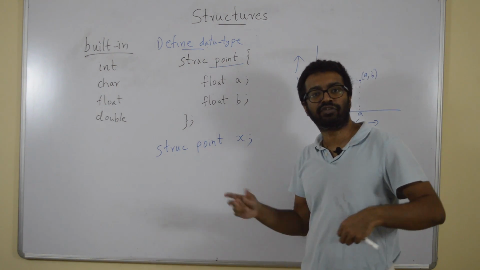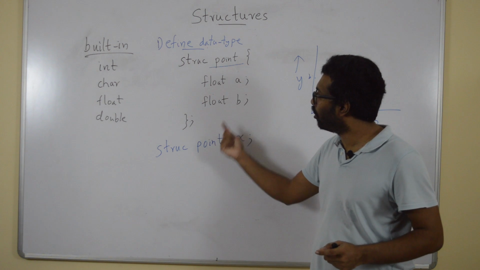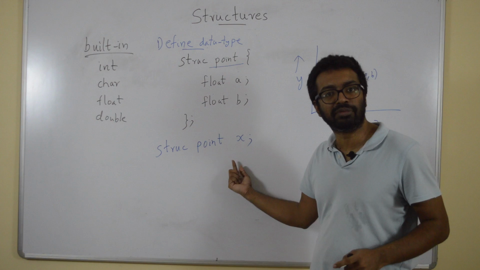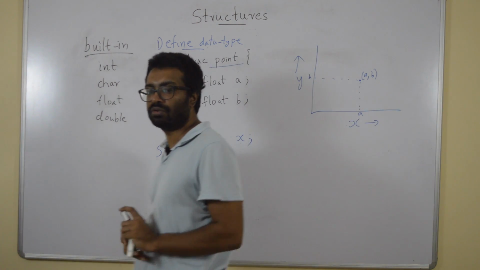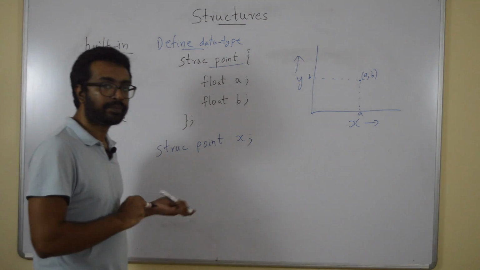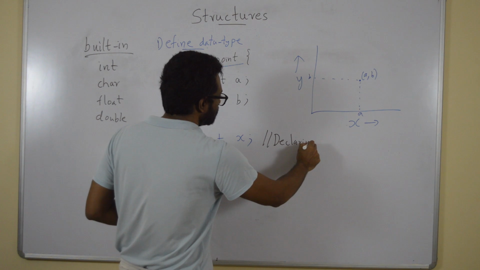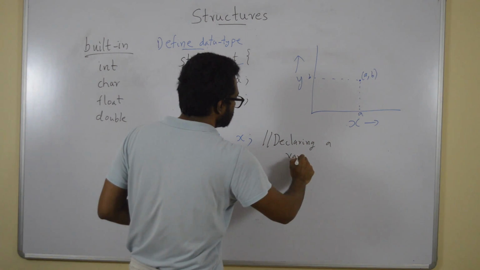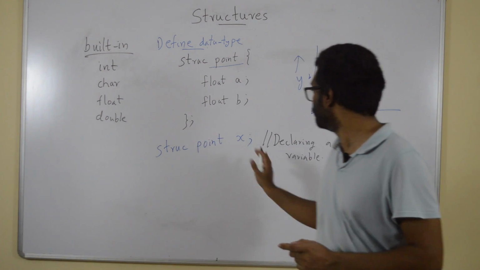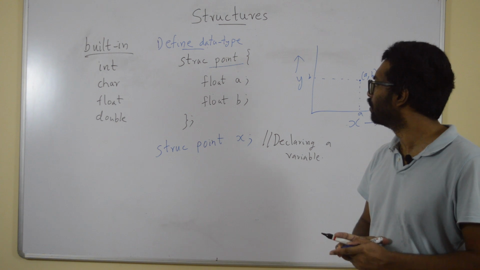Okay. So I have now declared a point data type and that variable name is x. So x is now a point data type. Okay. So this is declaring a variable. I have declared a variable. Is it clear?